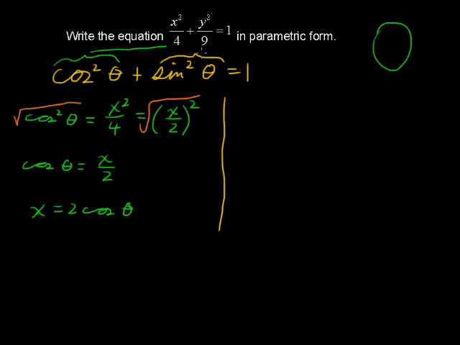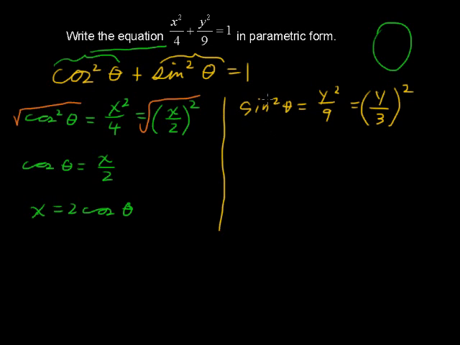And we're going to plug in, instead of using y squared over 9, I'm going to say, well, hey, that equals sine squared of theta. So let's write that. Sine squared of theta equals y squared over 9. Again, the whole thing is not squared yet, so let's make it look just like the left-hand side. Good. Y over 3 quantity squared is the same as y squared over 9.